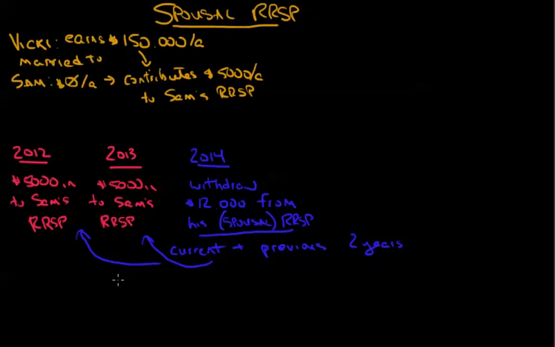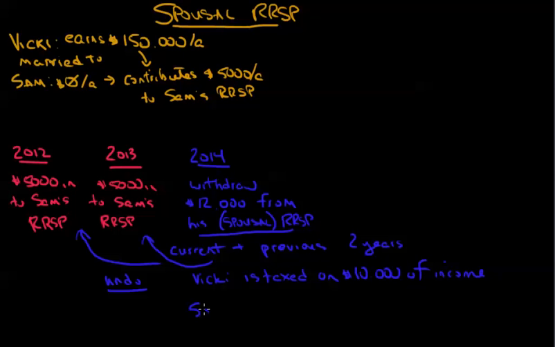Vicky had tax deductions in those years. We're going to undo those tax deductions. Basically, that means Vicky is taxed on, in this case, $10,000 of income based on Sam's RRSP withdrawal. The remaining $2,000, amounts that were deemed to have gone in prior to 2012, well, that's Sam's own.